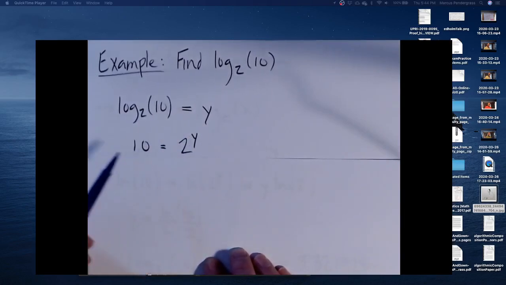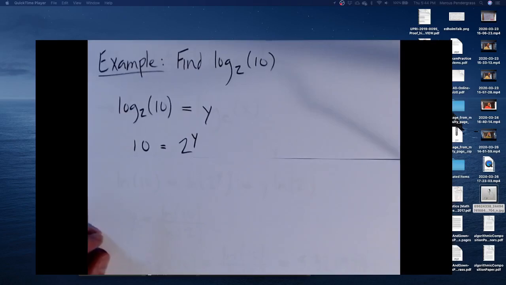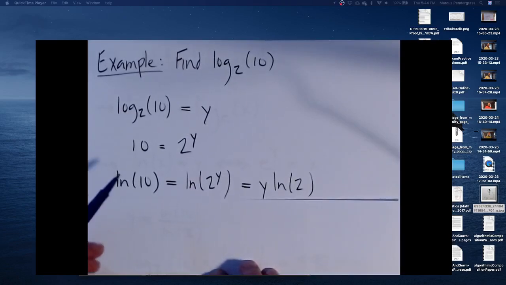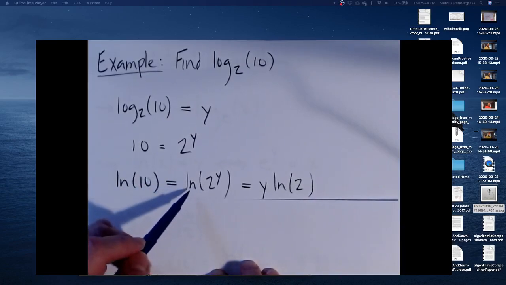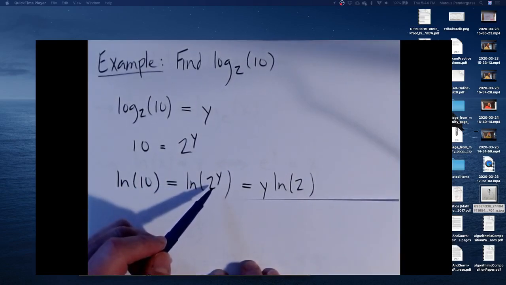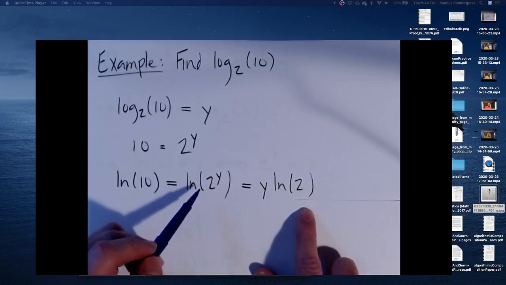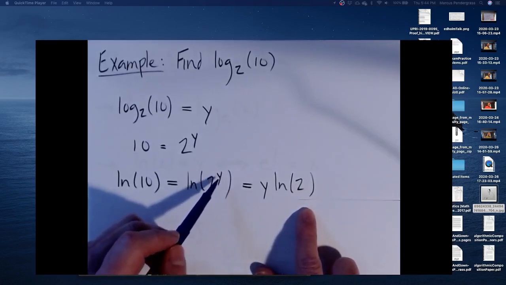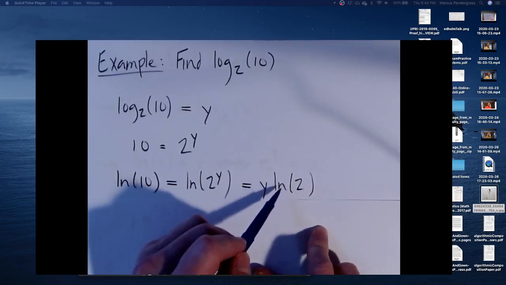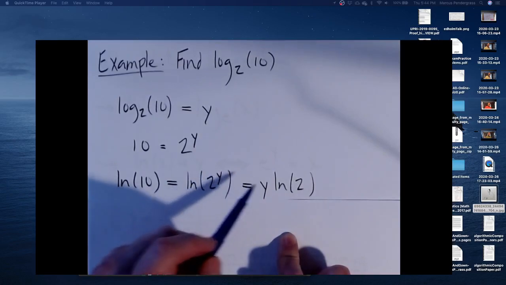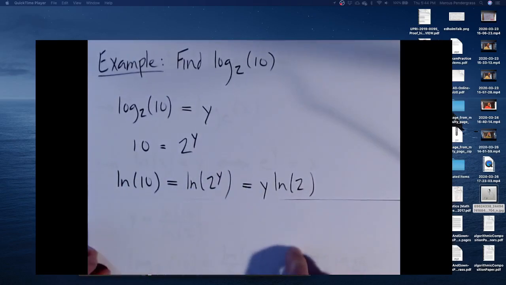So 2 to the y would have to be 10. Now take the natural log of both sides of that equation. So you get natural log of 10 equals natural log of 2 to the y. And then use that property that says that the log of something to a power is the power times the log of the something. So natural log of 2 to the y is just y times natural log of 2. That's using one of those basic properties that we discussed earlier.